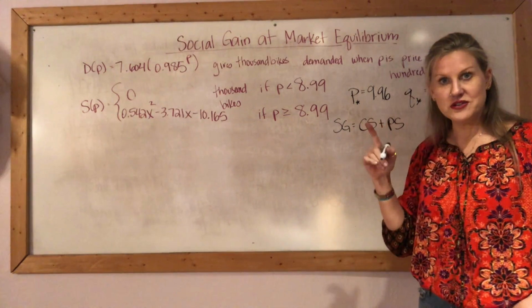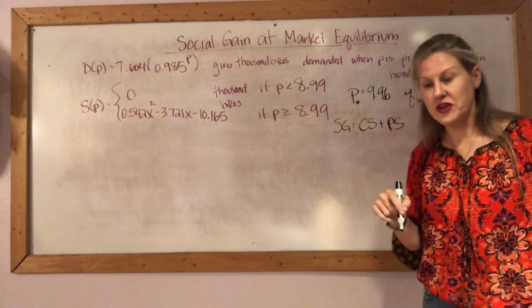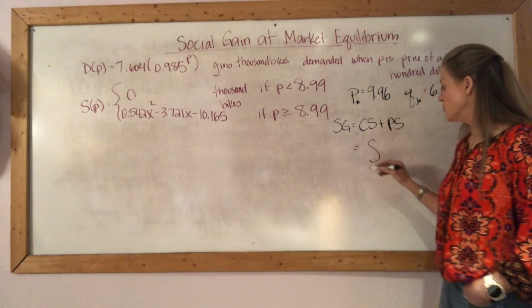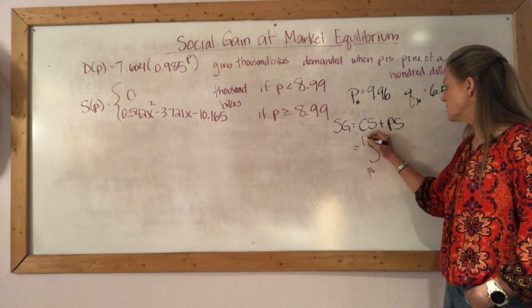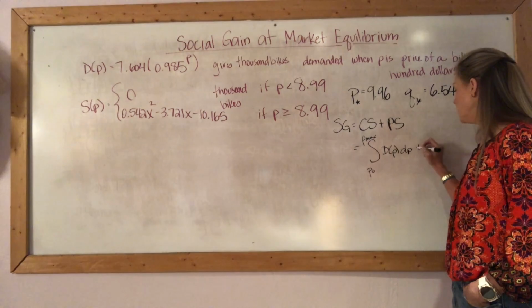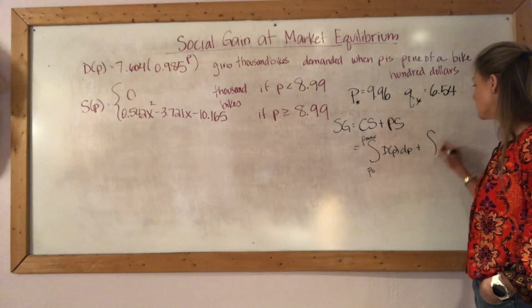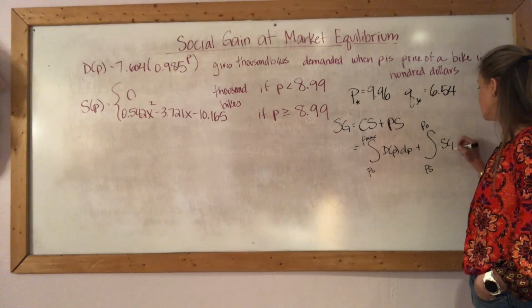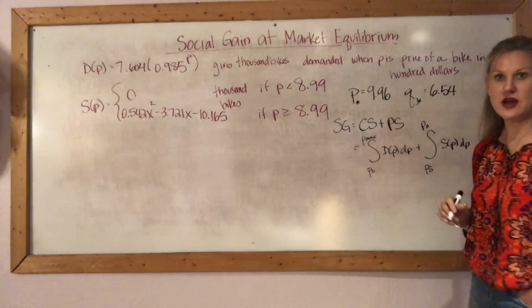And think back, you have to use a little ingenuity and remember back to some of those former formulas. Consumer surplus is P naught to P max, anti-derive the demand function. Producer surplus is PS to P naught, anti-derive the supply function.